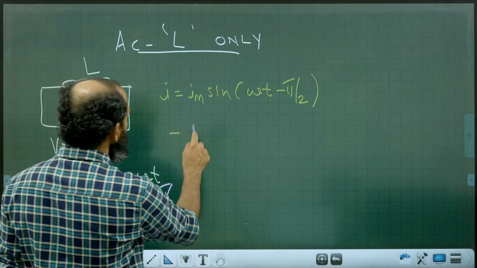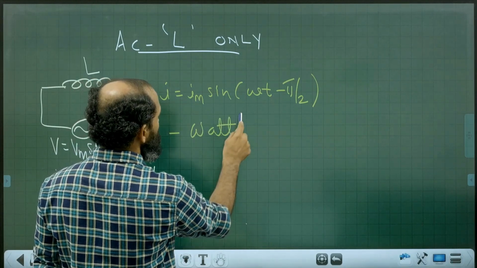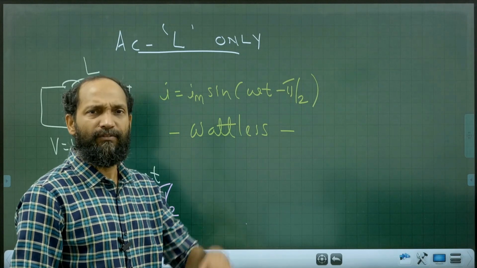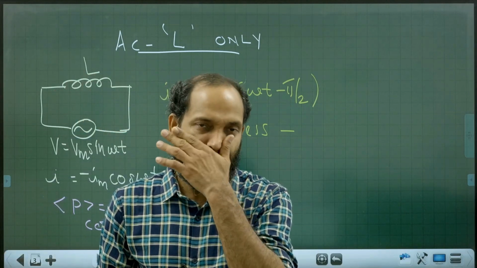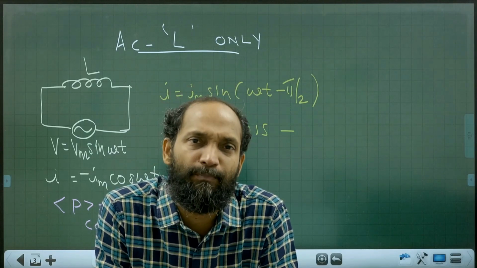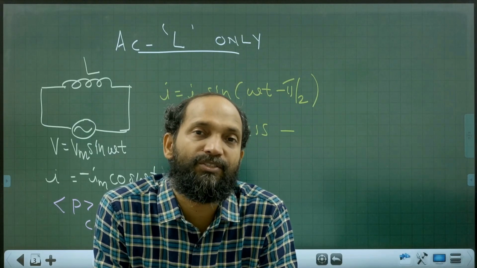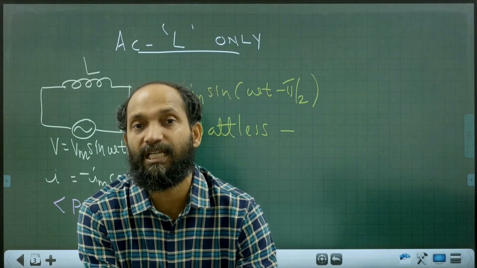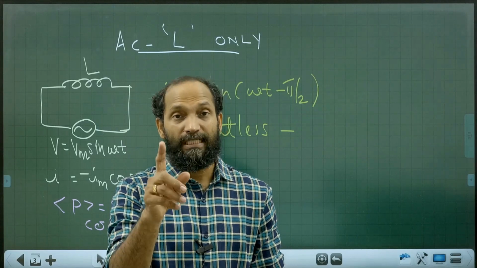That current is called wattless current. This current does not consume any power even when it is flowing through the coil. So an inductor only circuit consumes no power, and the current through the inductor which doesn't consume any power is called wattless current.